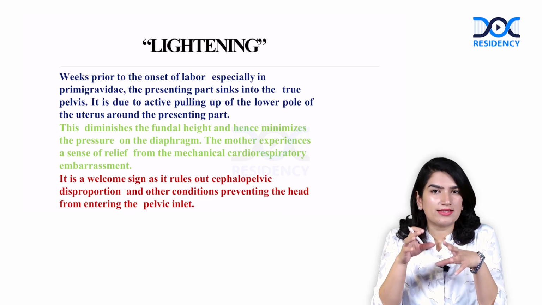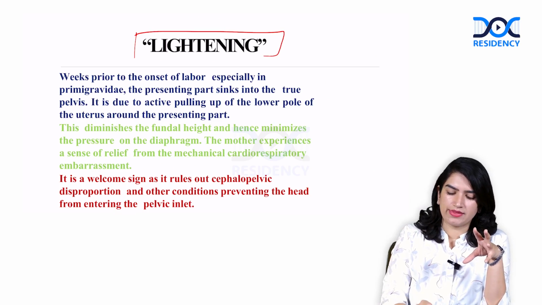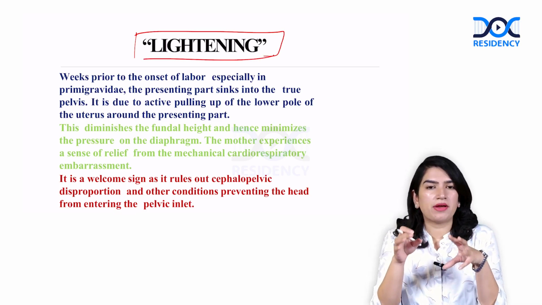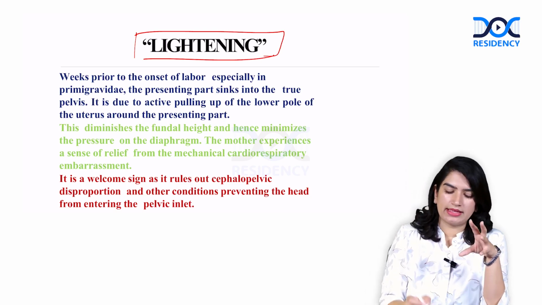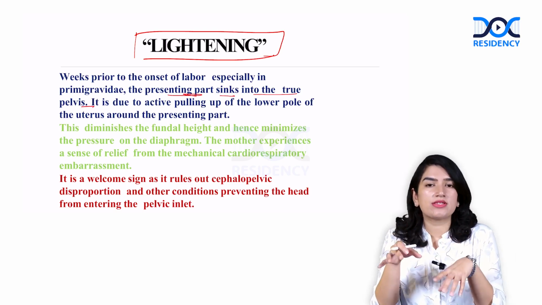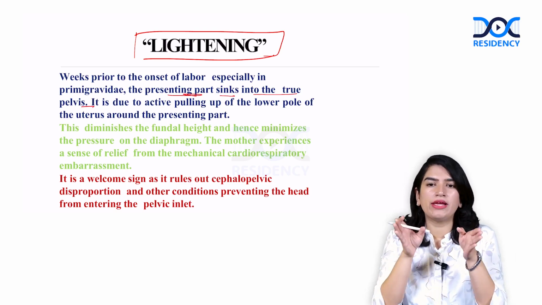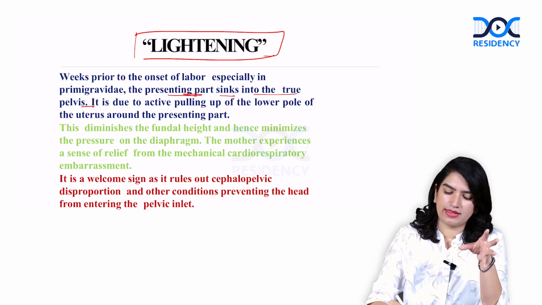Now, there is another term which we must be conversant about, and that is lightening. So, weeks prior to the onset of labor, especially in primigravida women, the presenting part sinks into the true pelvis. And what is the reason? There is active pulling up of the lower pole of the uterus around the presenting part.